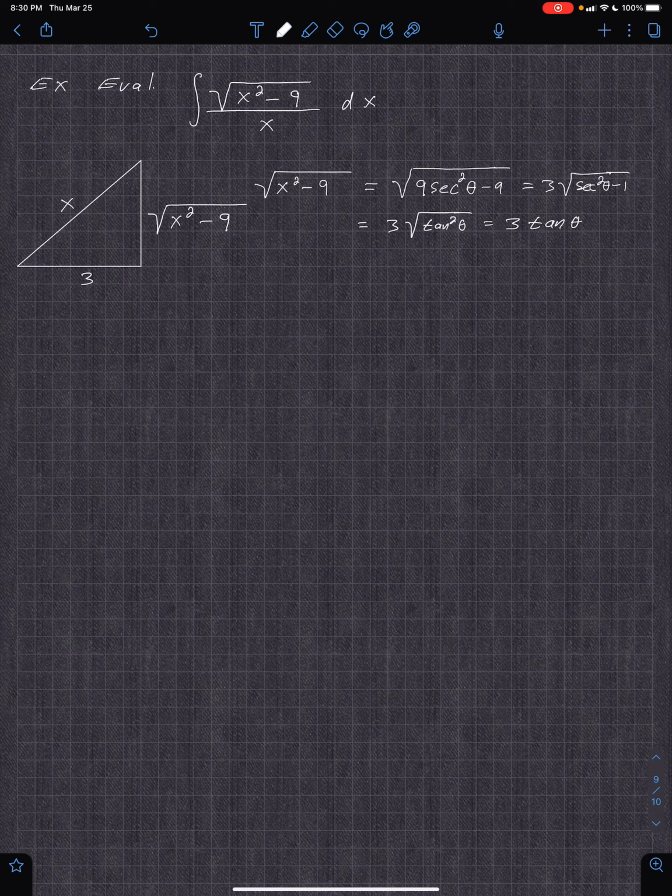So now we have that our x is 3 tangent theta. Then we have to do our dx. The derivative of tangent is secant tangent. So it's secant theta tangent theta d theta.